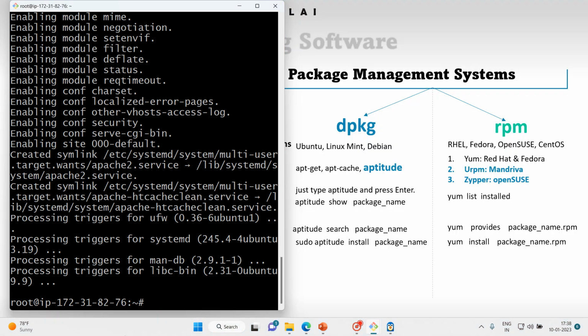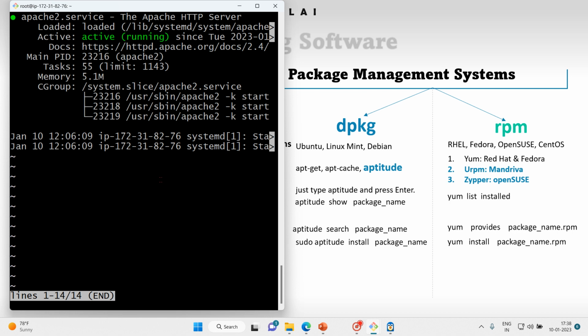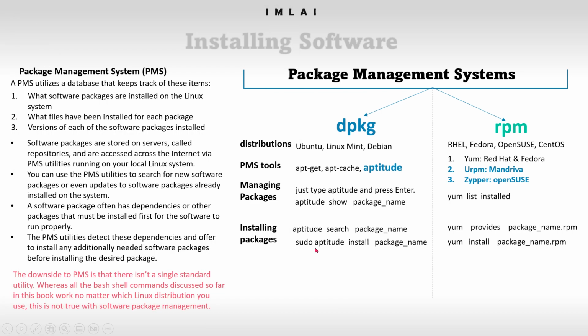For Ubuntu, is it done? systemctl status apache2. Yes, it's done. It's running. So both the packages got installed: httpd for RPM based CentOS, and apache2 for the DPKG based Ubuntu.